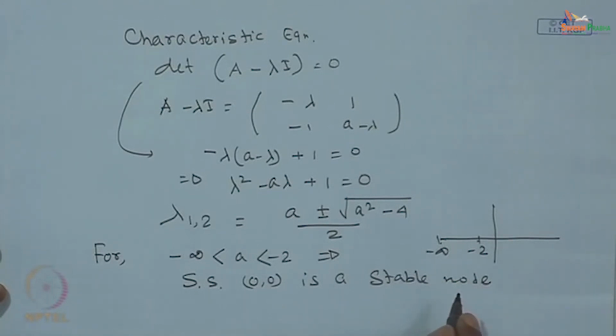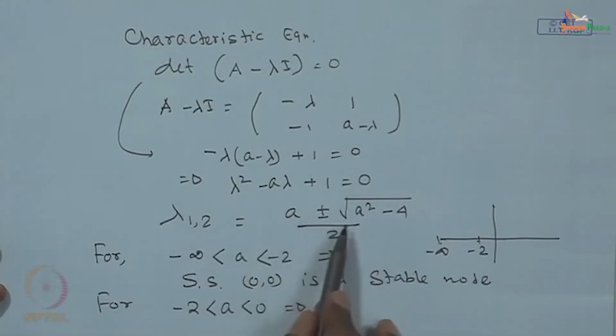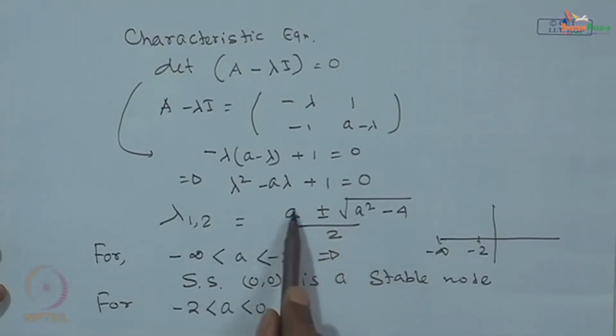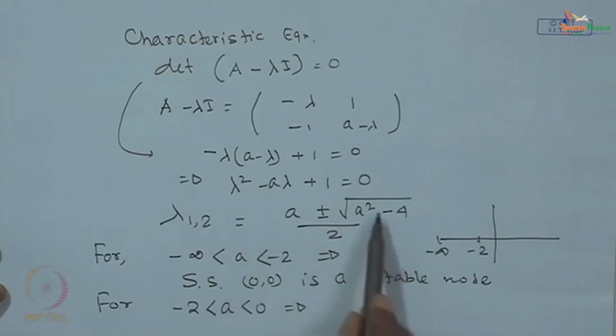Okay. So, for A lying between minus 2 and 0, you will be having a negative real part, but at the same time the argument within the square root becomes less than 1.